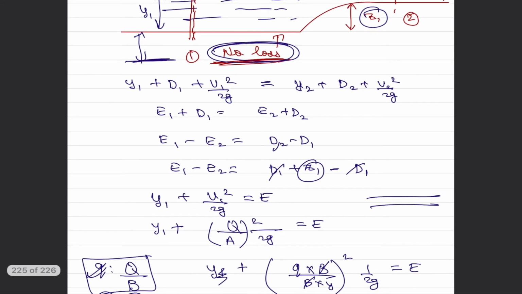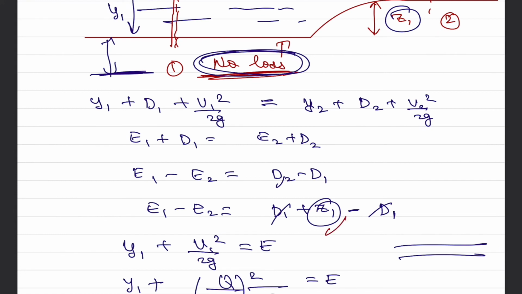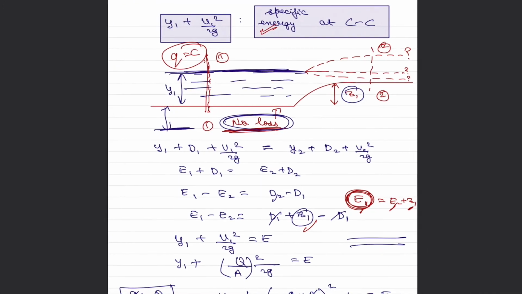And we saw that between section 1 and 2 there is some loss of specific energy, because E1 is equal to E2 plus Z1, or the specific energy we had at section 1, E1, is greater than E2 because Z1 is greater than 0.